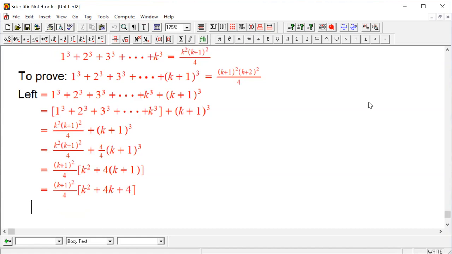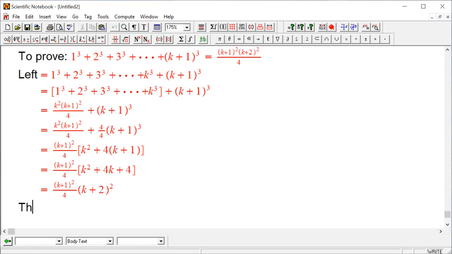And that is a perfect square. We're pretty familiar with that. So in the end, inside the bracket is (k plus 2) squared indeed. And you can always verify by FOIL. Okay, so we got the right-hand side.